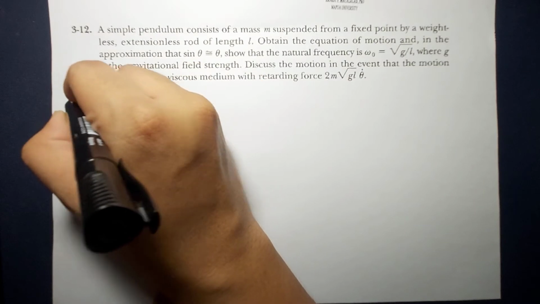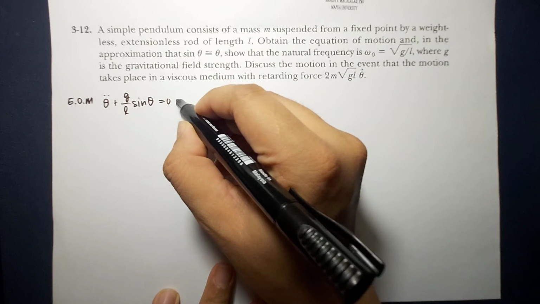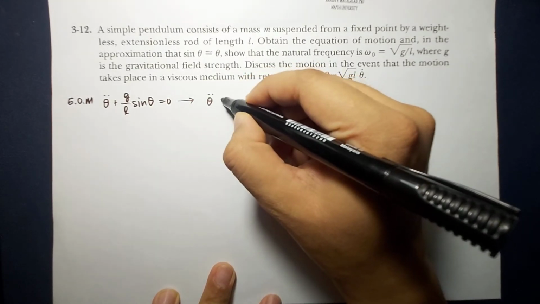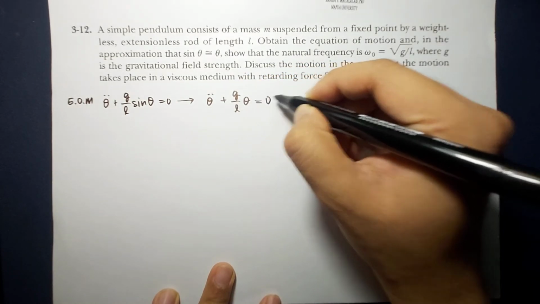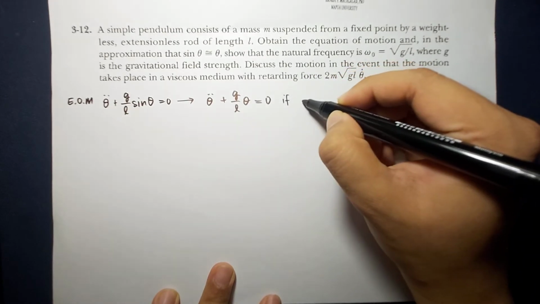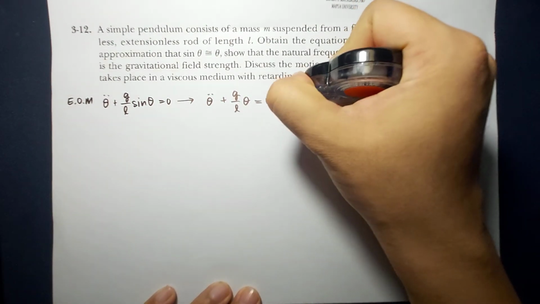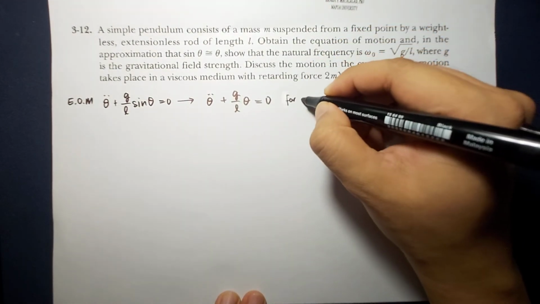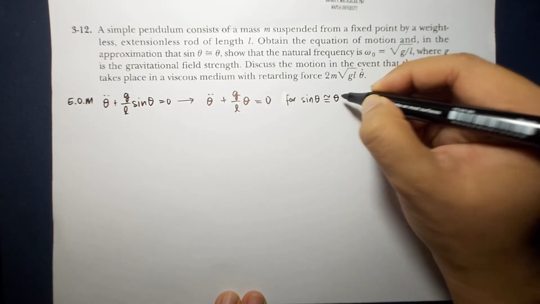But this can be approximated as theta double dot plus g over L theta equals 0 for sine theta approximately equal to theta.